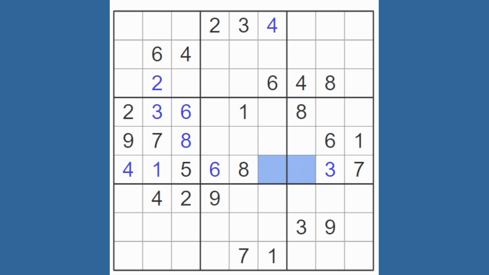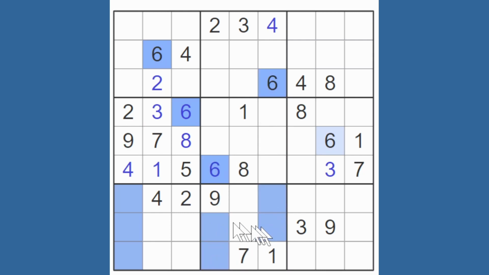I'm trying to get a handle on the 6s. If we got a couple of 6s blocking down, so a 6 must go in one of these squares here. We got a couple of 6s blocking down, so a 6 must go in one of these 2 squares here.